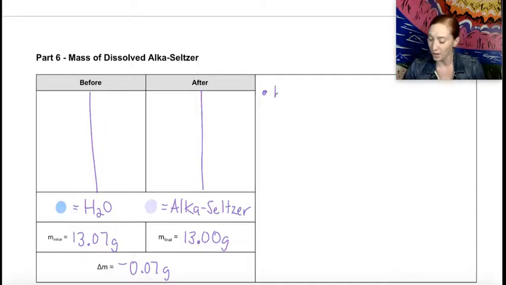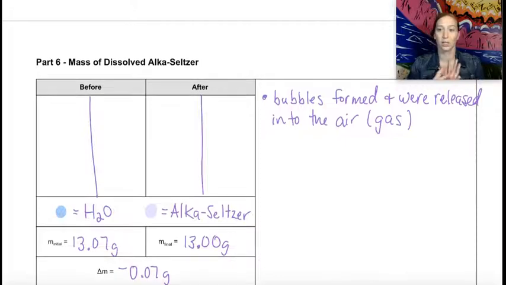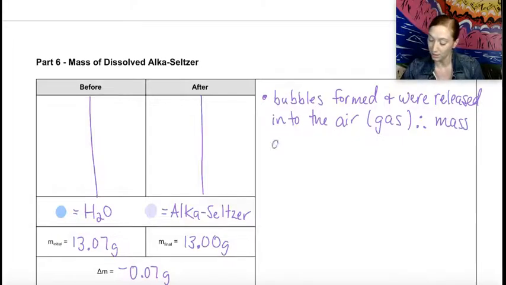So we want to say that we had bubbles that formed and were released into the air. Okay. This was a gas of some kind, right? We don't really know what it is. We don't really need to know what it is for the purposes of what we're doing here, but we want to say that this made the mass decrease.